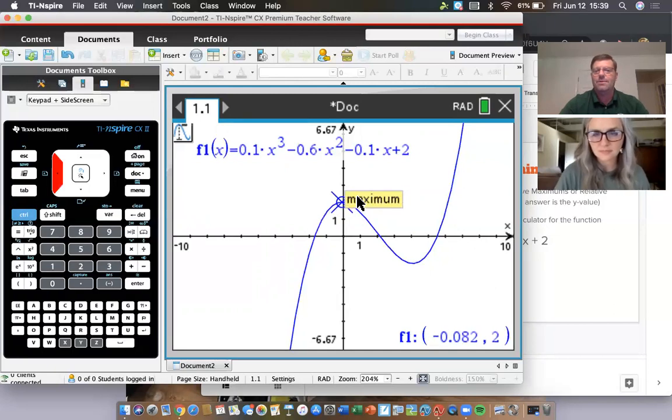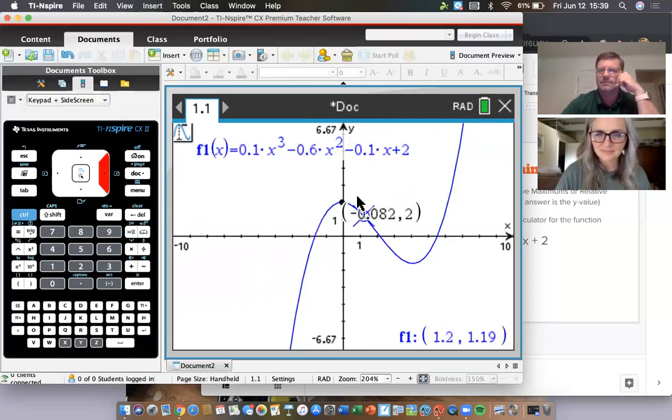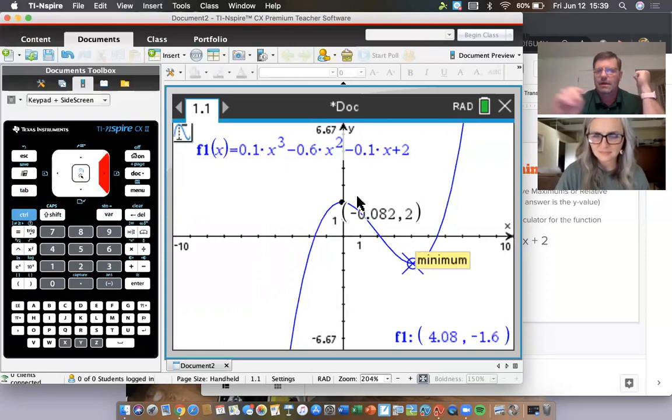And when I keep going, ooh, it found the maximum for me. So I don't have to do that funky left-right guess thing that you might have to do on an 84. If I smash the enter button right now, it marks my relative maximum at negative 0.082. And then if I trace over to this guy, there is my minimum.